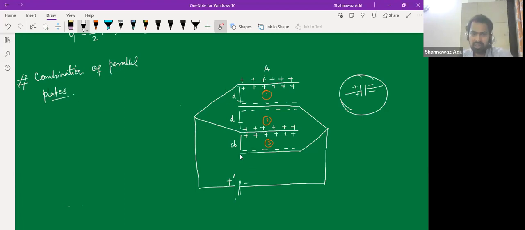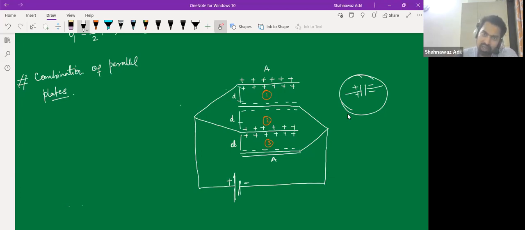This has the distance between the plates D and the area was A. You can see that this positive one, this positive one and this positive one are connected to the positive terminal, and then this negative plate and this negative plate are connected with the negative one. So this is what kind of combination?